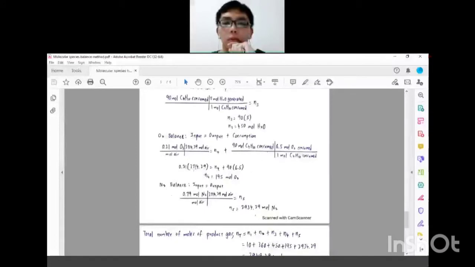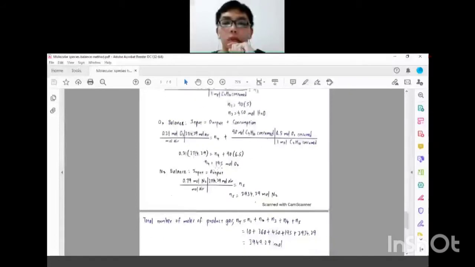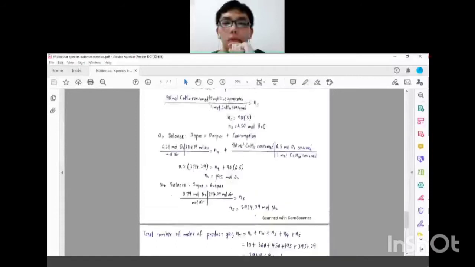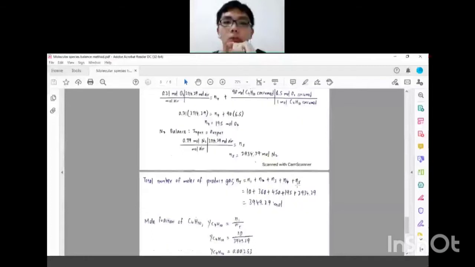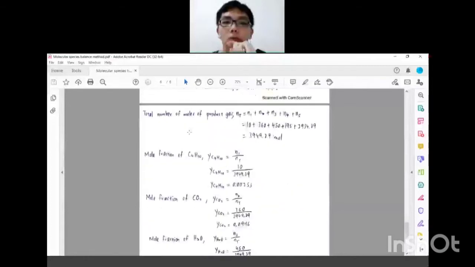So you will get the value of N4 equals 195 mole of oxygen gas. And for the nitrogen balance, input will be equal to output. N5 equals 0.79 mole of nitrogen times the 3714.29 mole of air, and N5 will be equal to 2934.29 mole of nitrogen.